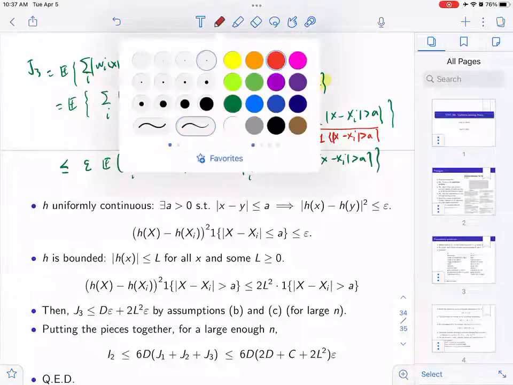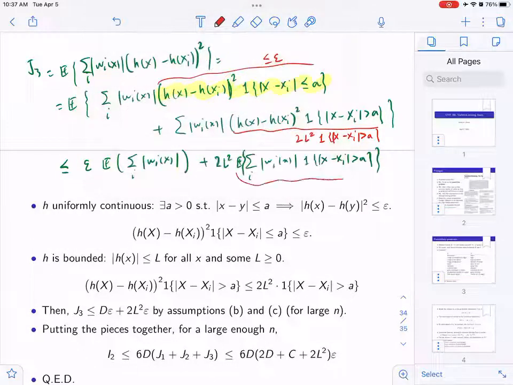So this is exactly the condition that we had. That's the locality condition. That this goes to 0 is the locality assumption, I believe assumption C, hopefully. So the weights for all the xi's that are away from x by a distance a, the expectation goes to 0.